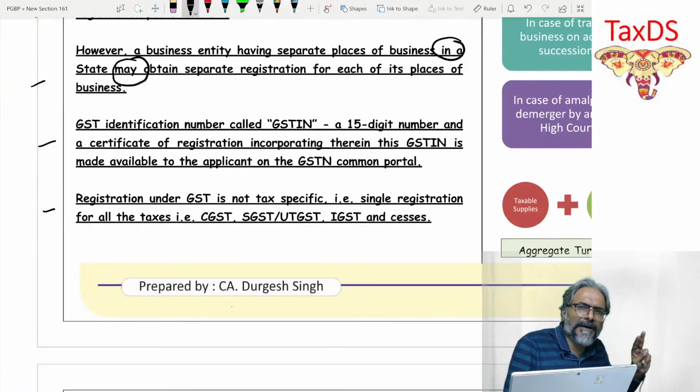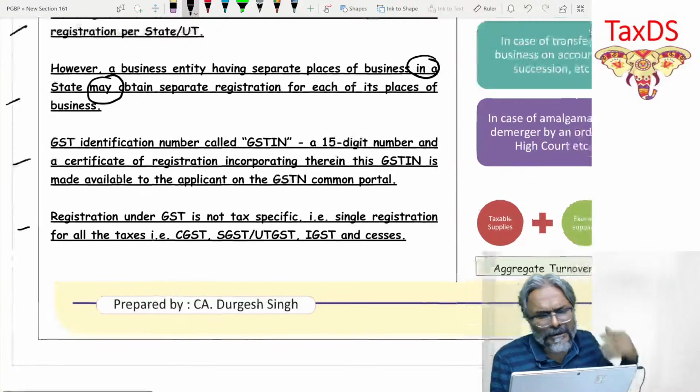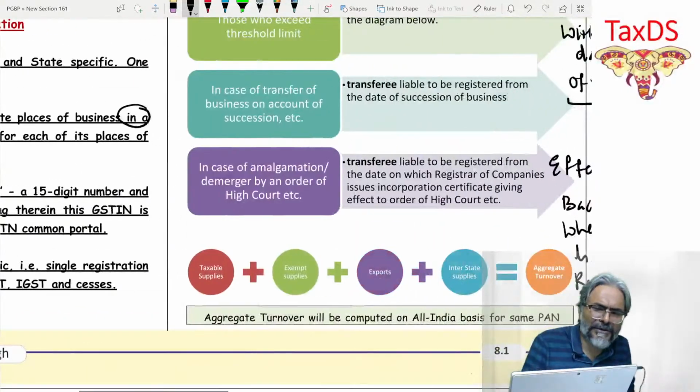It is not that if I have to pay IGST, I have to take separate registration, or if I have to pay CGST, I will have to take separate registration. No, it is not tax specific registration, it is a state specific registration. Always be very clear on this one. These are the MCQ points. So a single registration for all the taxes, that is CGST, SGST, UTGST, IGST. If you have got more than one state, you will accordingly take more than one registration in this context.